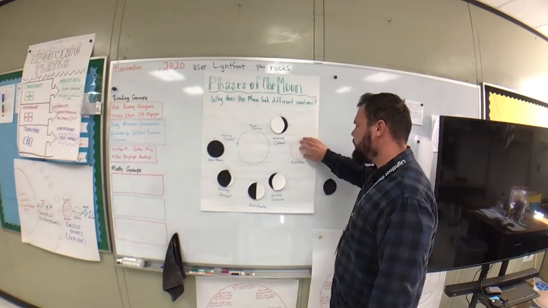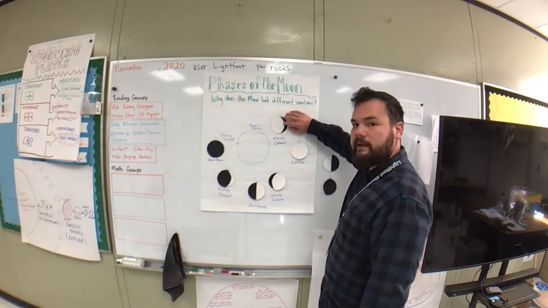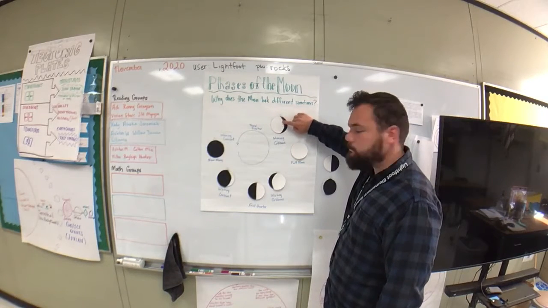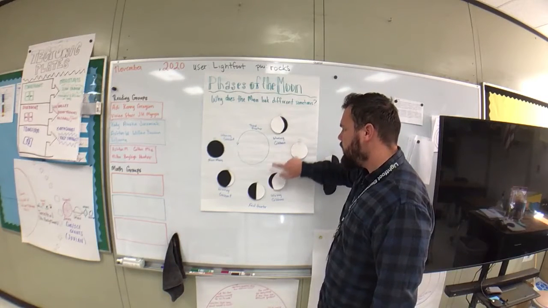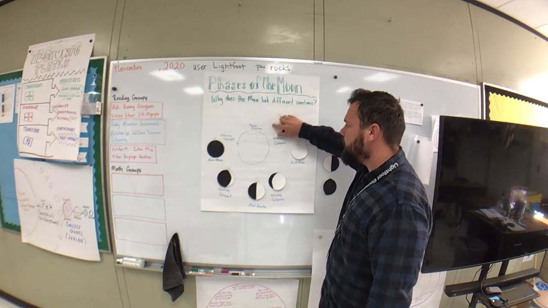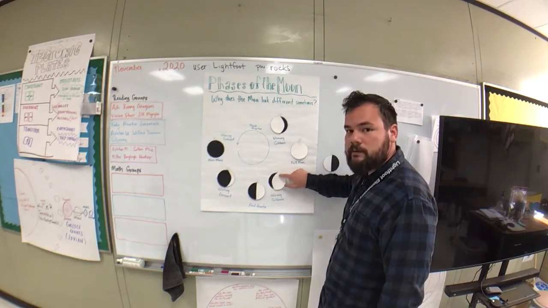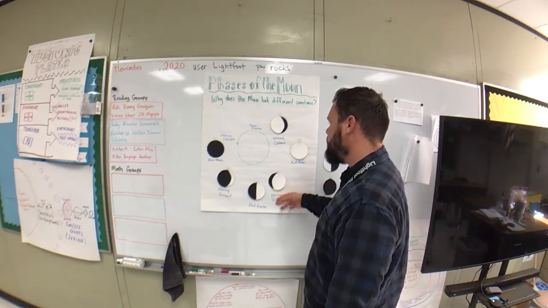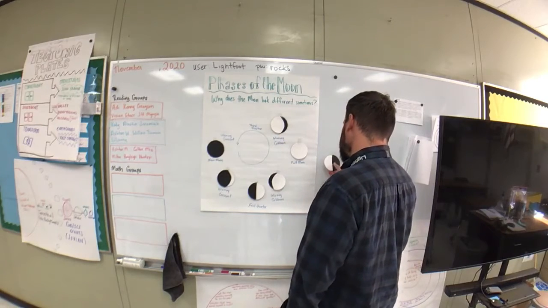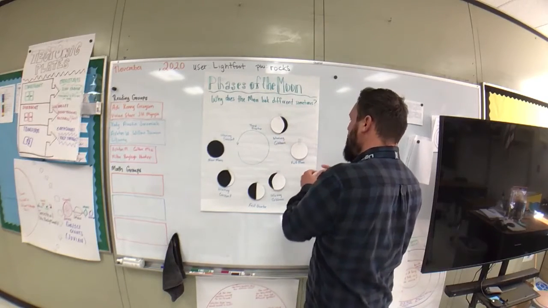So we go from our full moon to a waning gibbous. Notice this time, the dark part is on the right instead of the left, and the shiny part is on the left instead of the right. So they've kind of flipped as we go from the waxing gibbous to the waning gibbous.